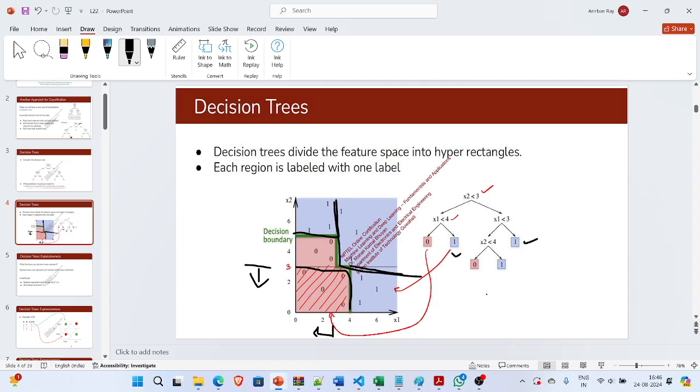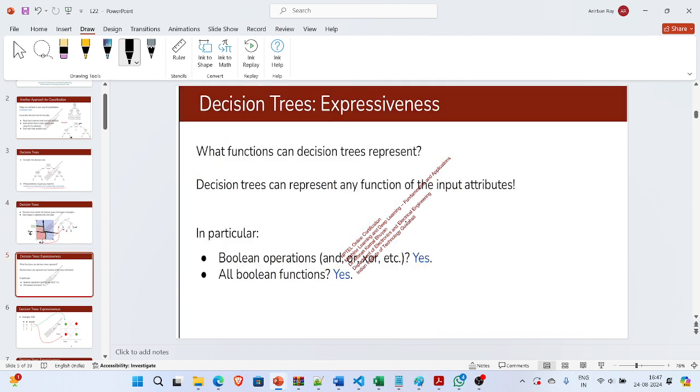As you can see, x2 is less than 3, so below this, x1 is less than 3. Otherwise I think it is still not fitting very well, but okay.